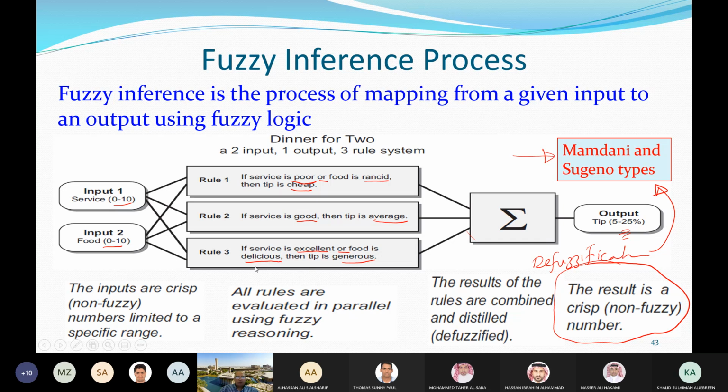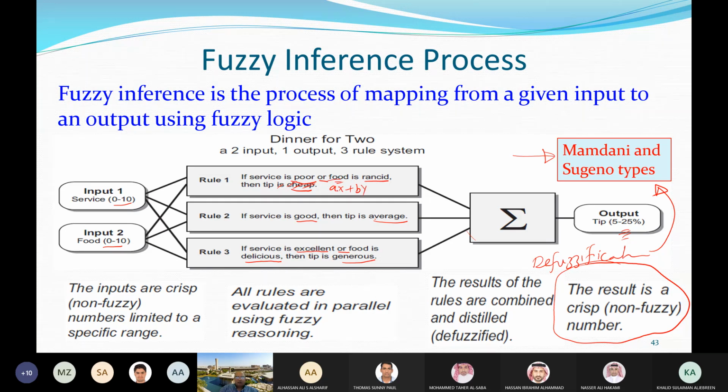In Sugeno, you have something else. You have, if the surface is poor and the food is rancid, for example, then the tip is calculated numerically as A times X, assume that the surface is X, plus B times the second variable, which is food quality.